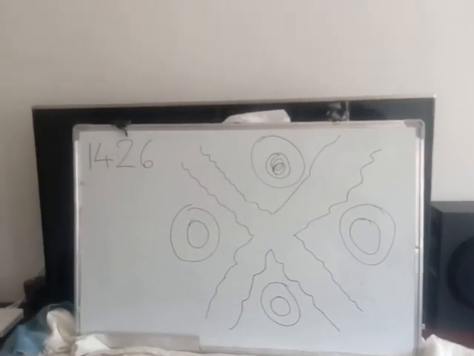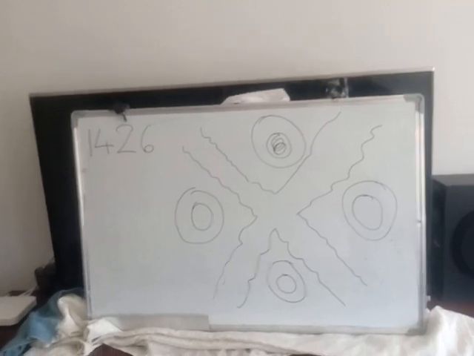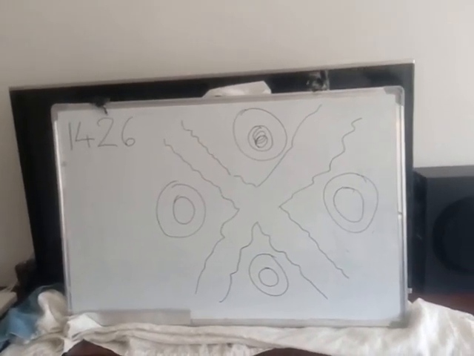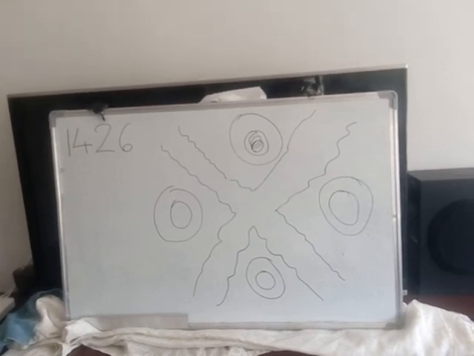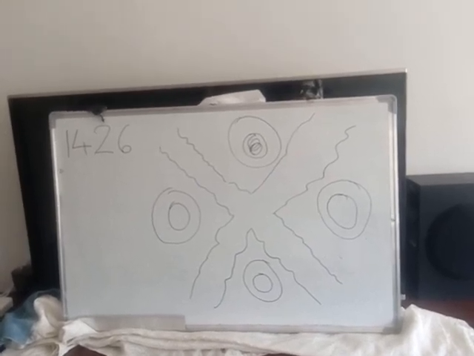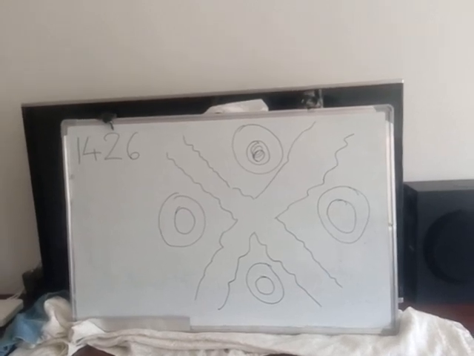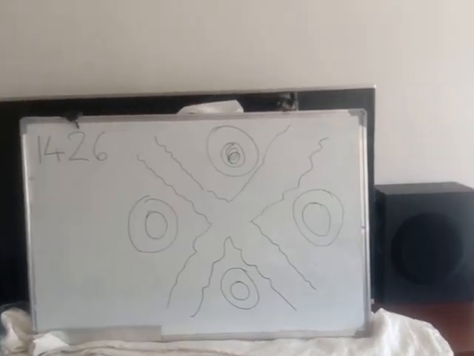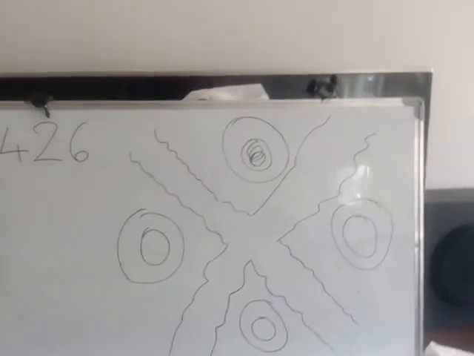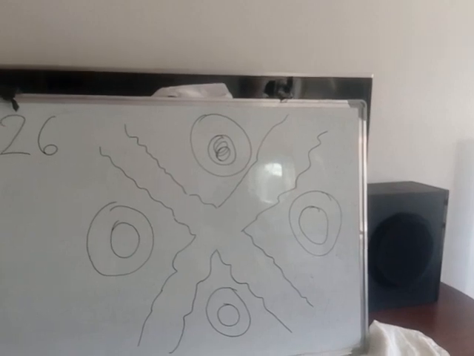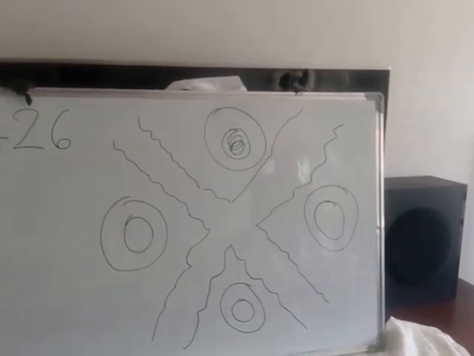So hello and welcome to the continuation of 1426. I will now show the Newtonian guesses, and this is an excellent model for depicting what intersubjectivity is and the interpenetration.